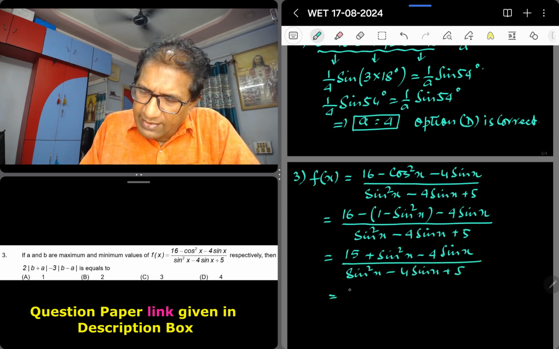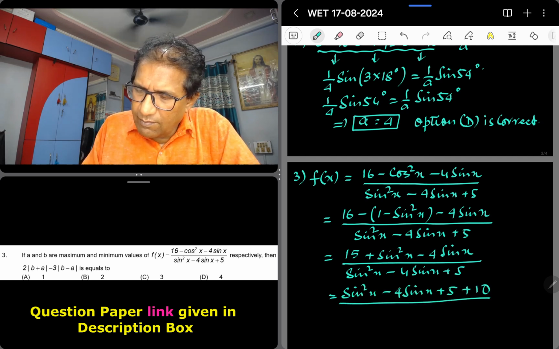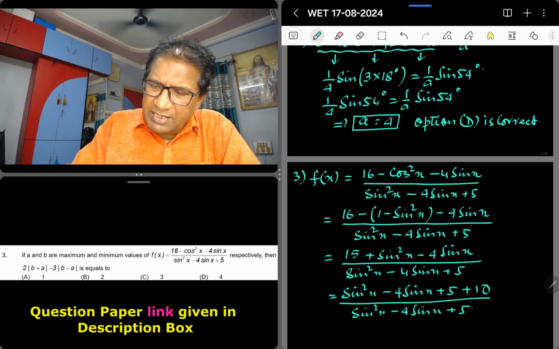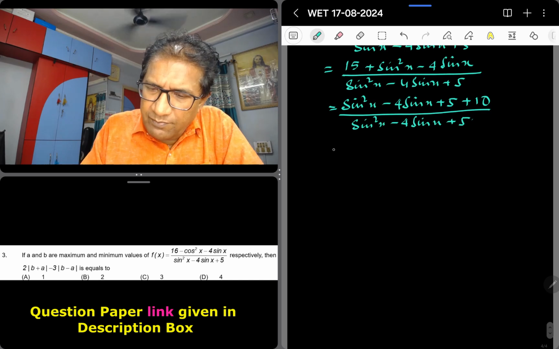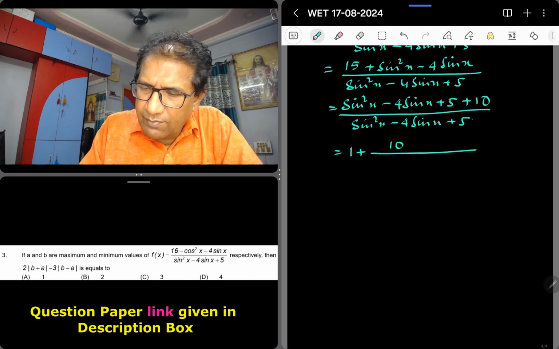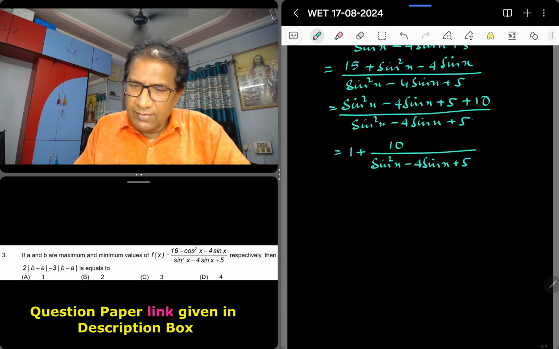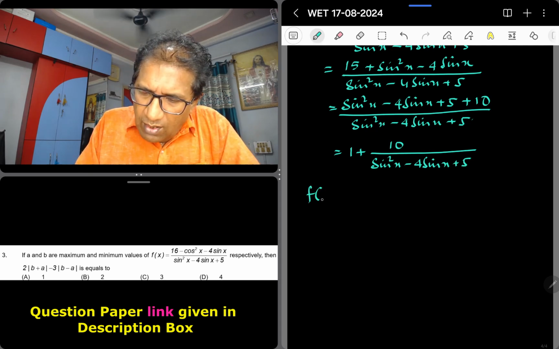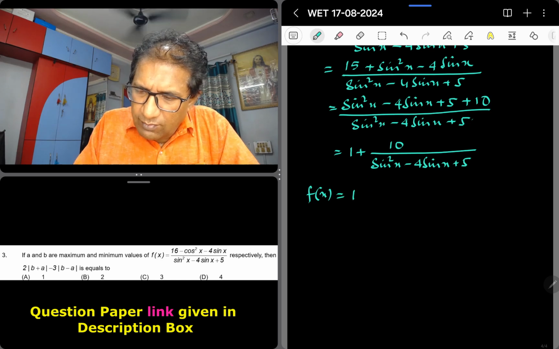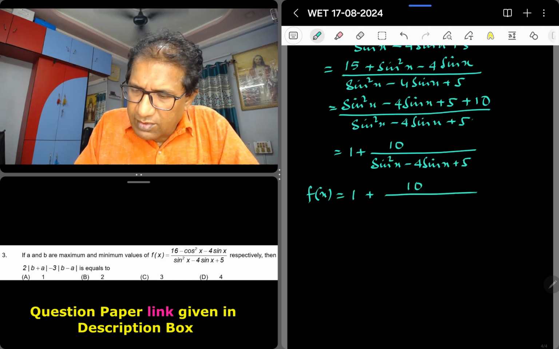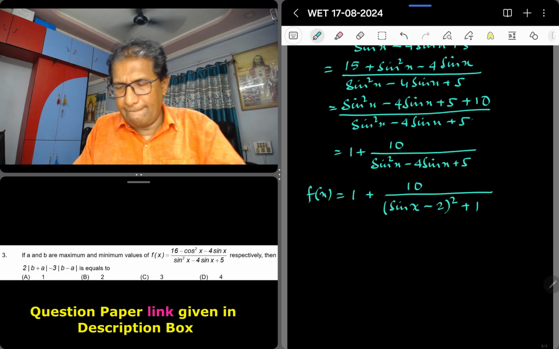Now we can write this as, okay, let me just separate. So our f(x) comes to, let me make it a sum of two squares. So it will be (sin x minus 2) whole square plus 1.